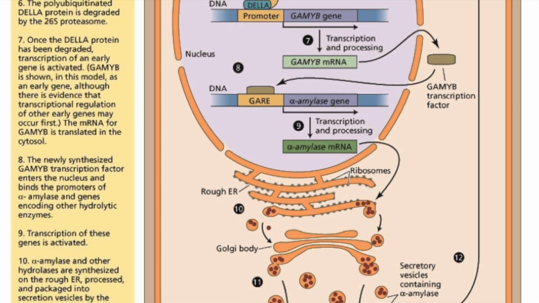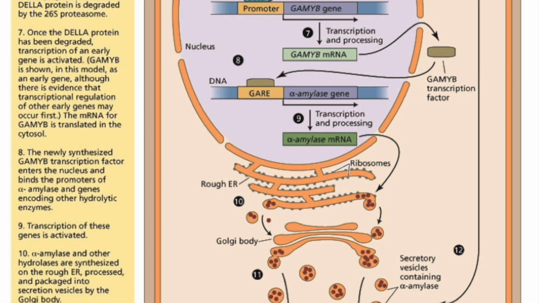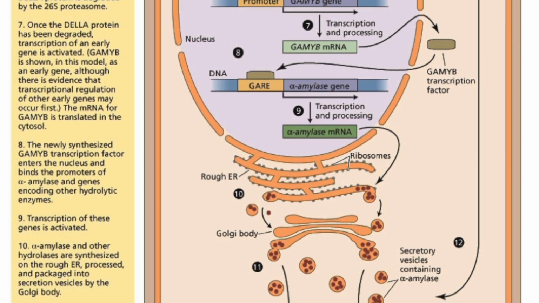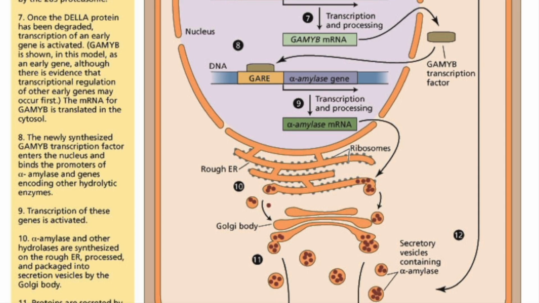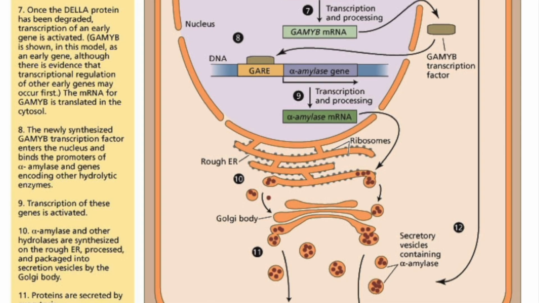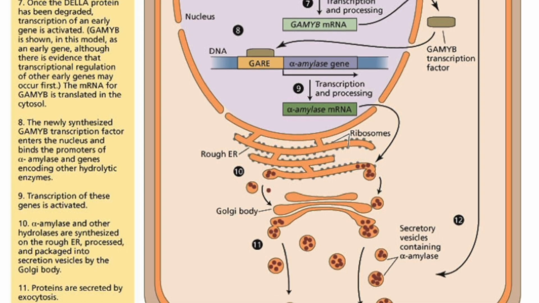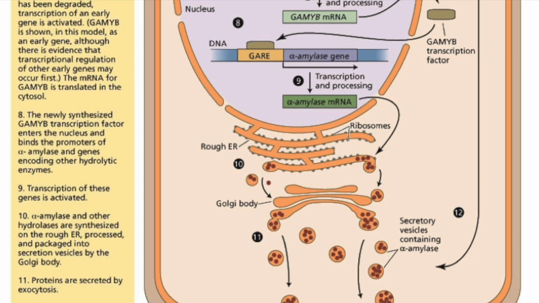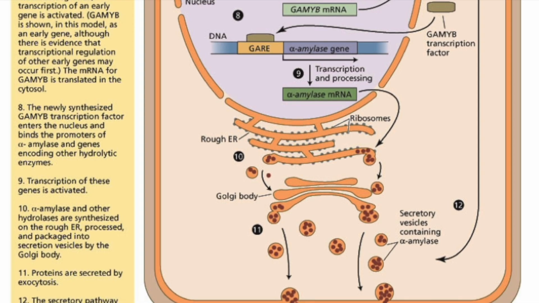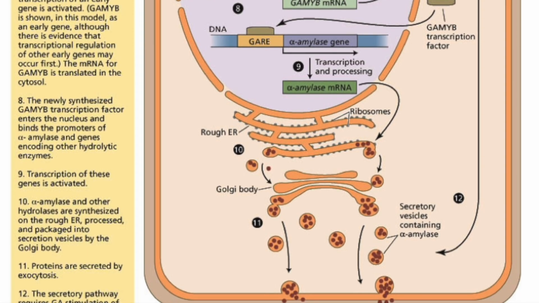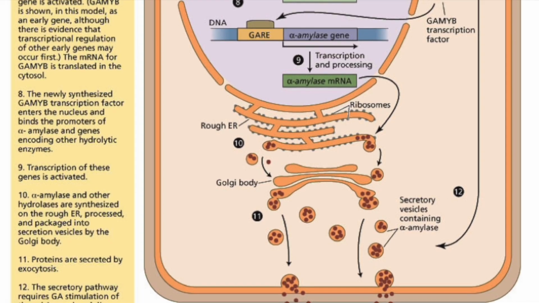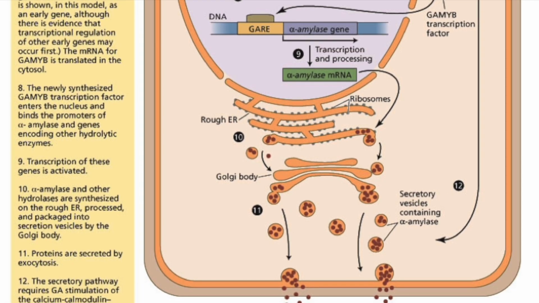8. The newly synthesized GA-MIB transcription factor enters the nucleus and binds to the promoters of the alpha amylase and other genes encoding hydrolytic enzymes. 9. Transcription of these genes is now activated. 10.